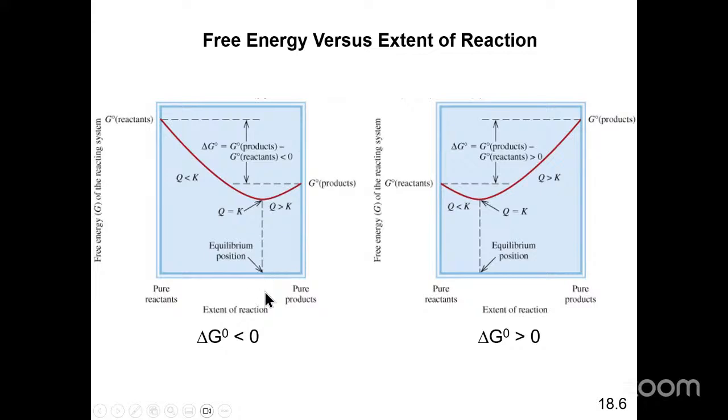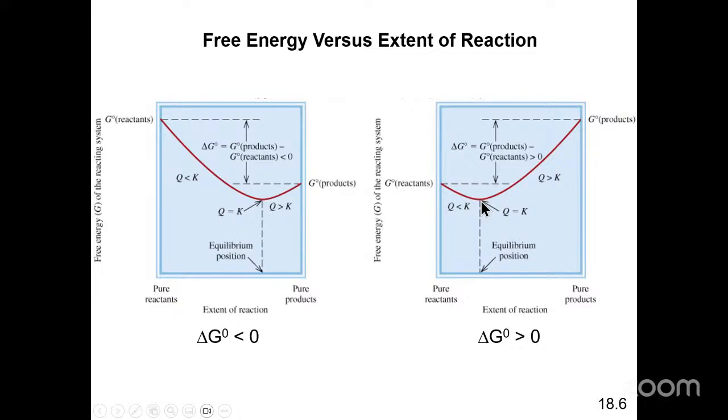So what this shows you is that if delta G is negative, that means that the equilibrium position favors the products because it's closer to the products side of this particular axis right here, right? And over here, the reverse is true, right? If you have the reaction starting and then it progresses, Q is less than K in this region here.